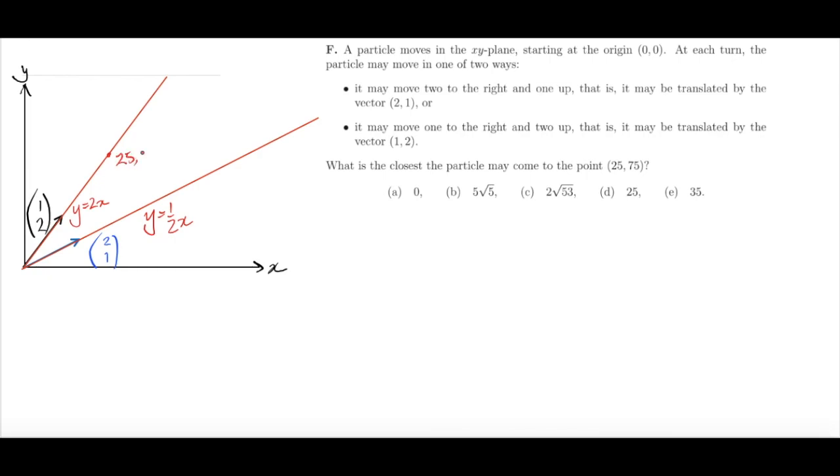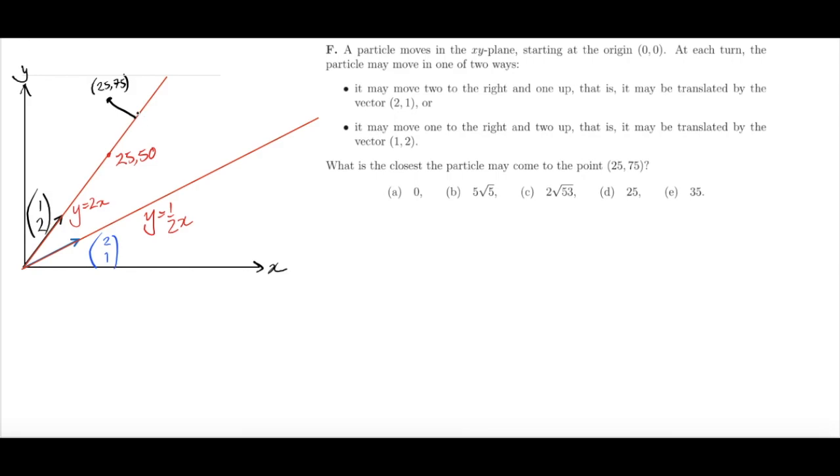So that's (25, 50). So (25, 75) is somewhere up here. Let's say it's there. And we're asked to find the closest the particle may come to this point (25, 75).